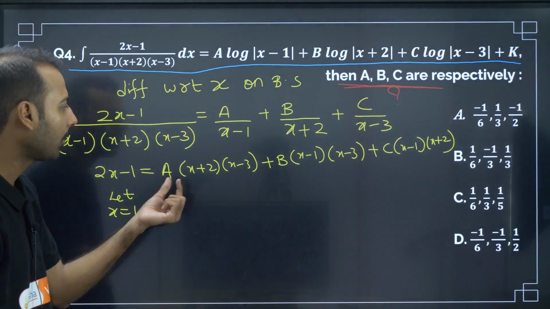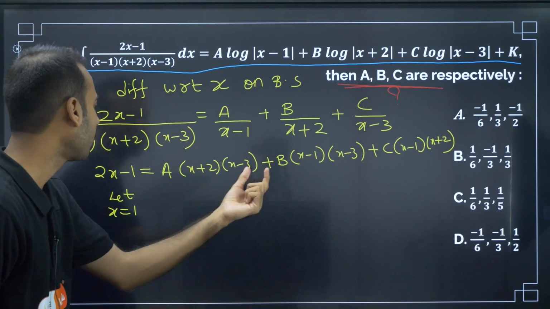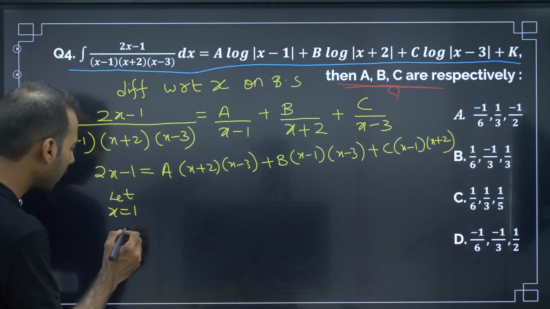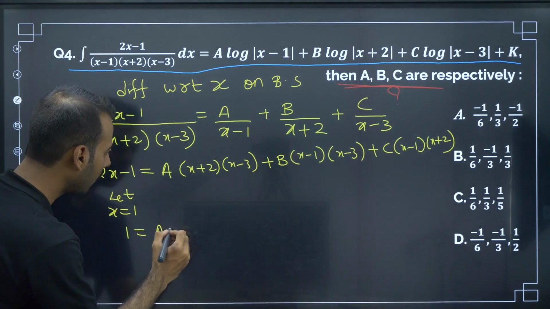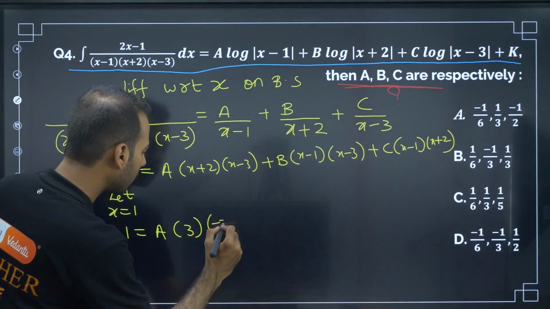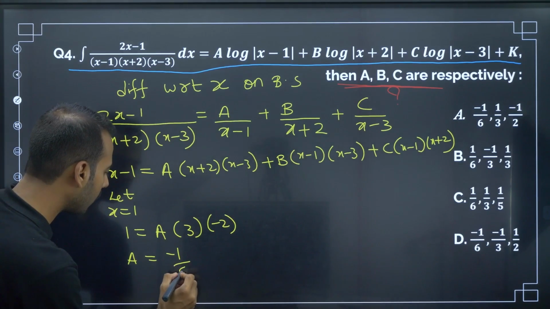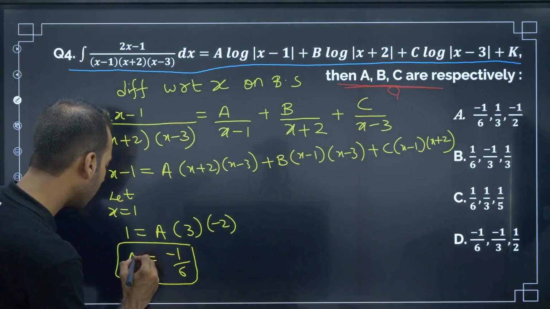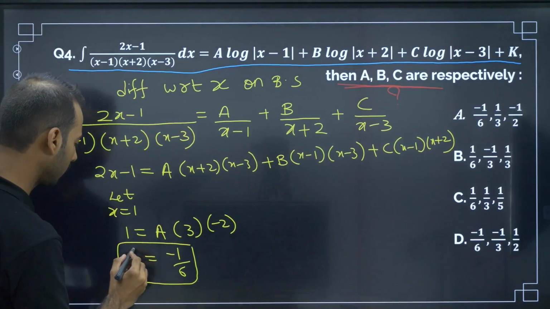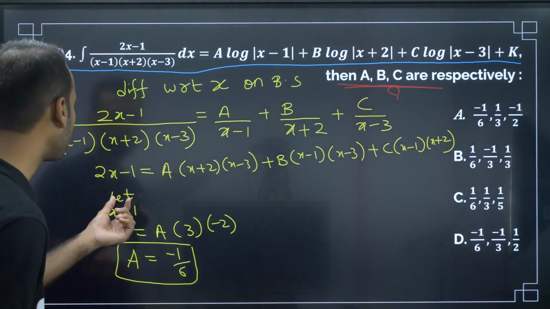The reason I am keeping x is equal to 1 is that these two terms vanish and we are left with 2 minus 1 is equal to a, 1 plus 2 is 3, 1 minus 3 is minus 2, which implies a is equal to minus 1 by 6.